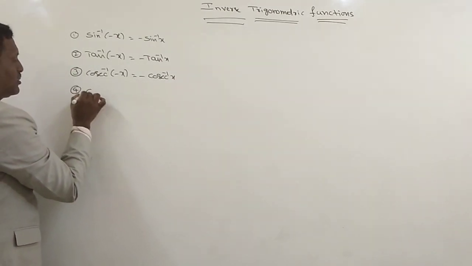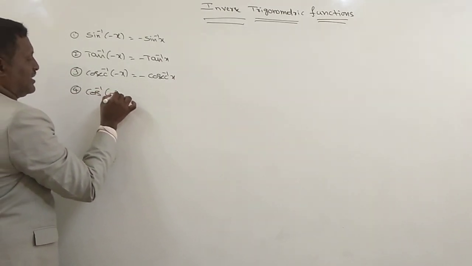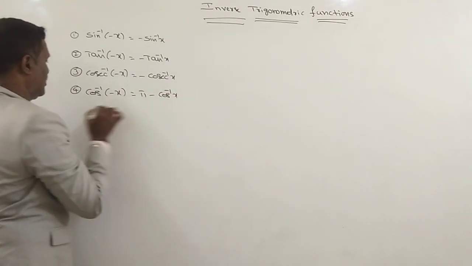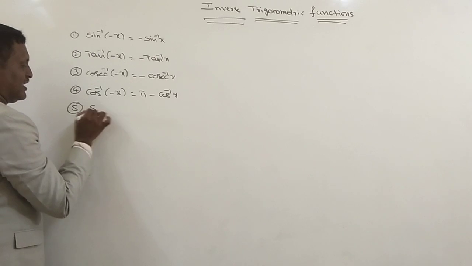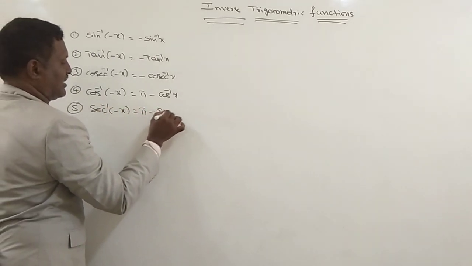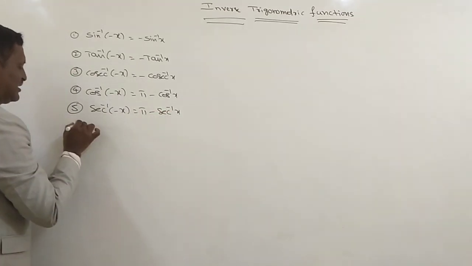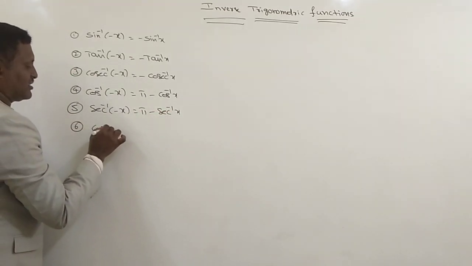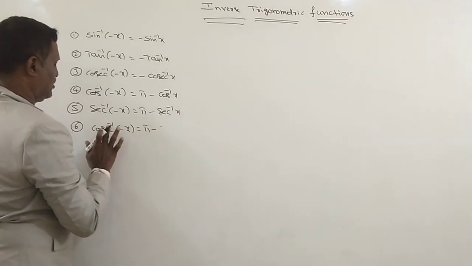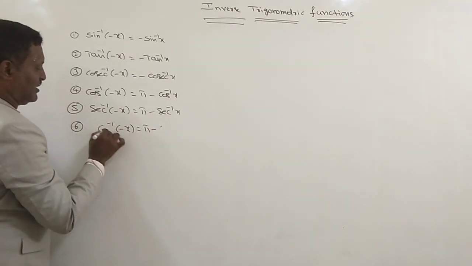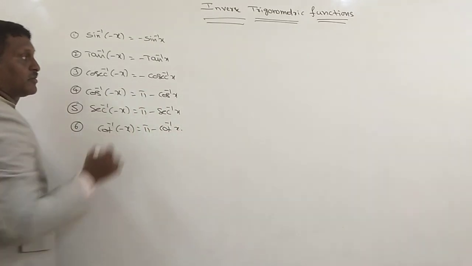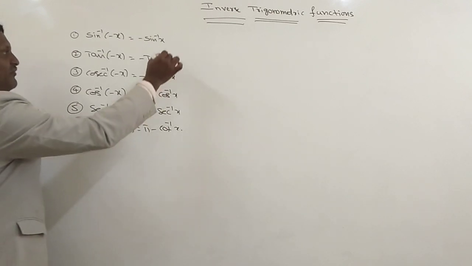Fourth, cos inverse of minus x is equal to pi minus cos inverse x. Fifth, secant inverse of minus x is equal to pi minus secant inverse x. Sixth, cot inverse of minus x is equal to pi minus cot inverse x. We have to prove all these formulas.